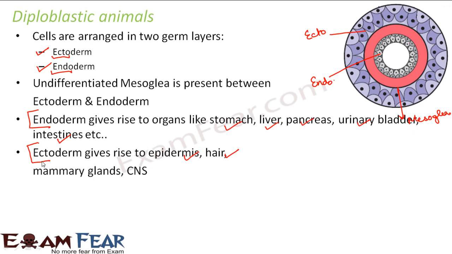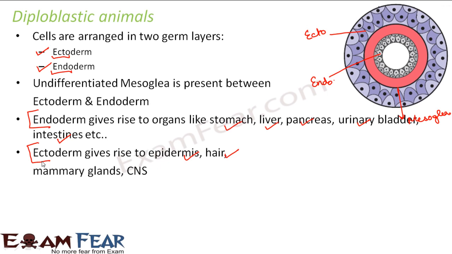Now, as I said, classifying a kingdom is not an easy job. You need to take into consideration as many parameters as you think are required. So I started with the basis of classification, the level of organization, whether it is at a cellular level, tissue level, organ level or organ system level.